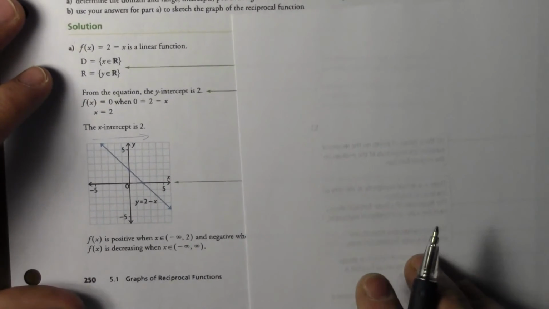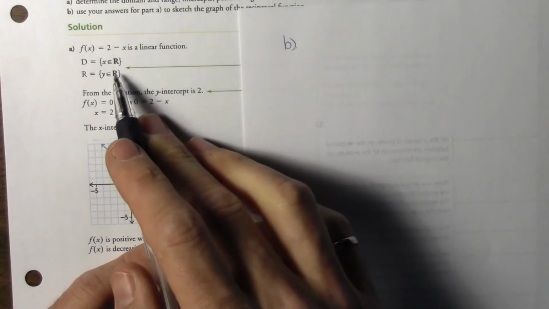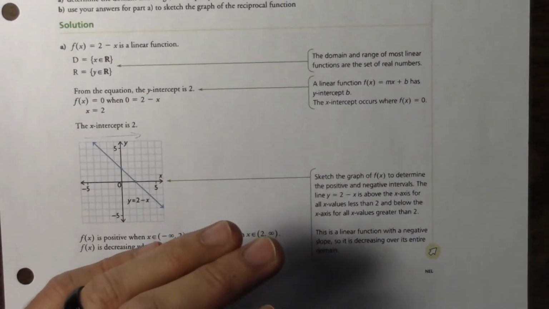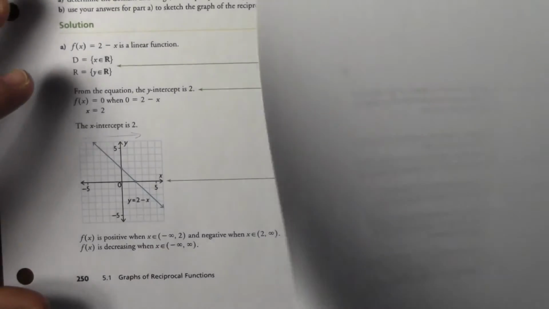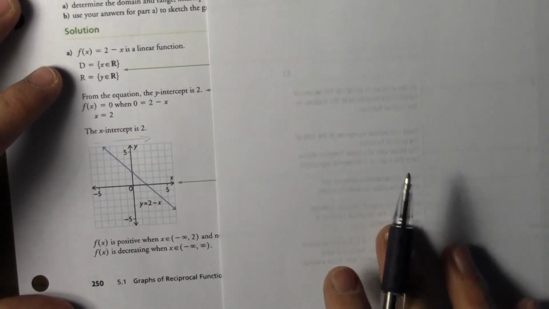So the first step for reciprocal functions, I'm not sure if we covered this or not, but in our reciprocal functions, the domain of the original function becomes the range of your reciprocal function, with the exception of the asymptotes. Okay? So we know we have an x-intercept here at x equals 2.